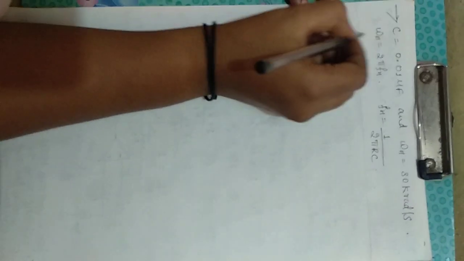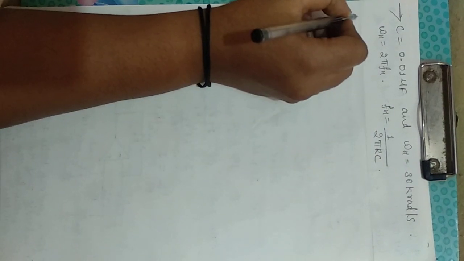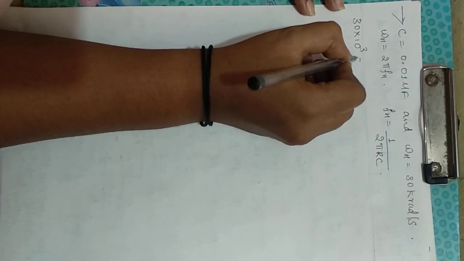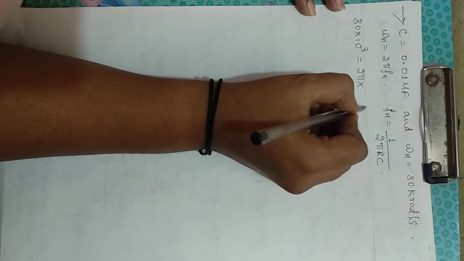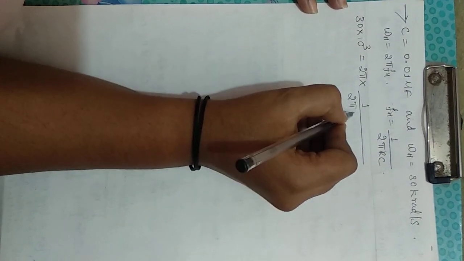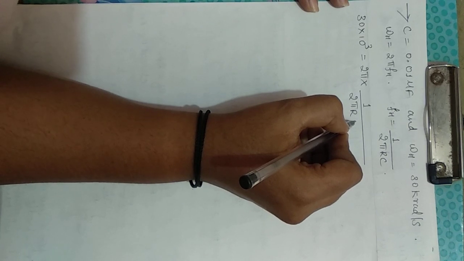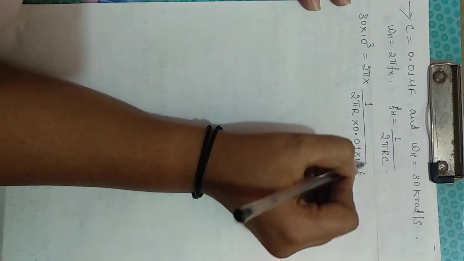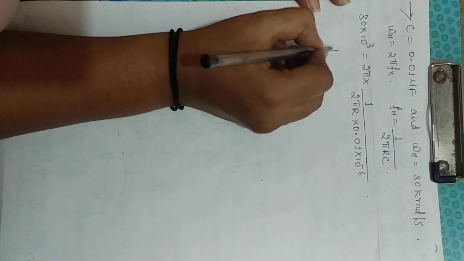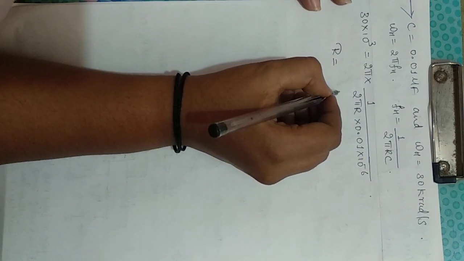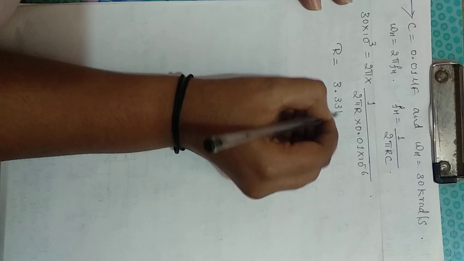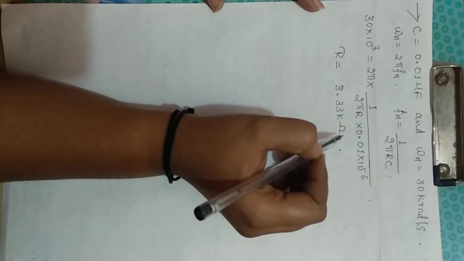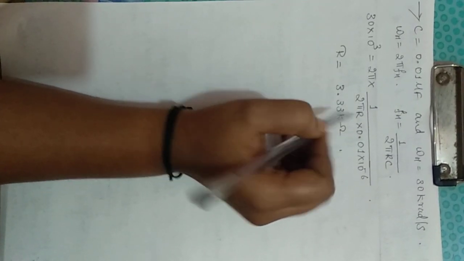So we put the value: omega is 30 into 10 raised to 3, which is 2 pi FH, equal to 1 divided by R into 0.01 into 10 raised to minus 6. To calculate this, R is equal to 3.33 kilo ohm. In this problem also, use the proper brackets while calculating the value of R.